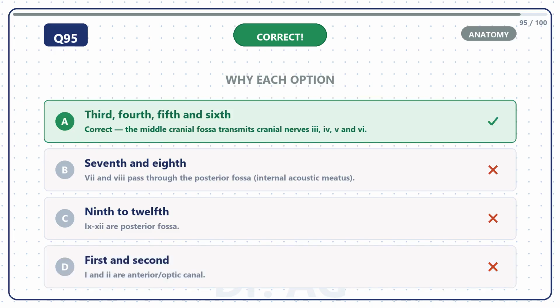And the correct answer is 3rd, 4th, 5th and 6th. Correct, the middle cranial fossa transmits cranial nerves 3, 4, V and 6. So, the right answer is option A. 3rd, 4th, 5th and 6th.